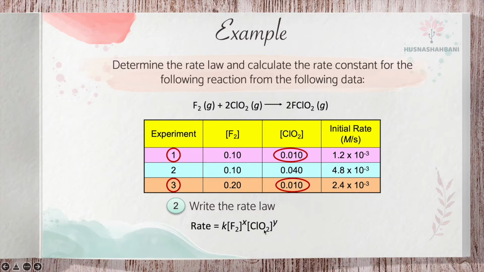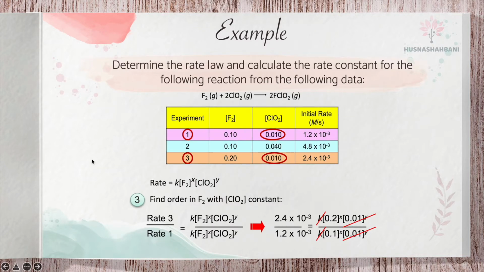So this is the rate law for this chemical equation. Then second one, write the rate law. This is the rate law. And then find order in F2 using ClO2 constant, means the same value of ClO2. You can find out the order of F2.